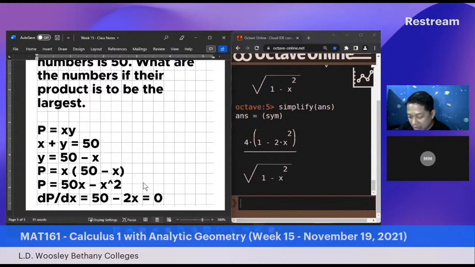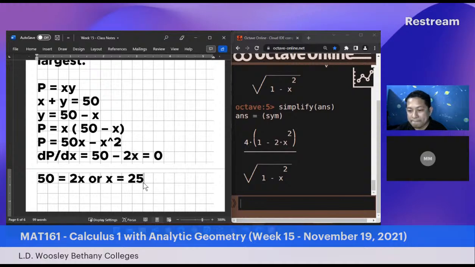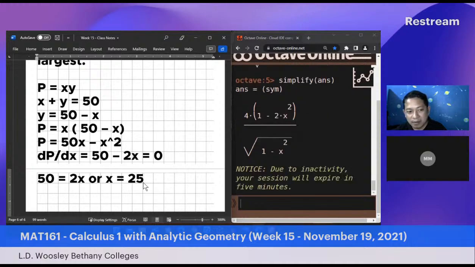That's why we are equating it to 0. Then from that, we could solve for the value of x. For this case, 50 is equal to 2x or x is equal to 25. Therefore, y is 25 as well. Tama ba?